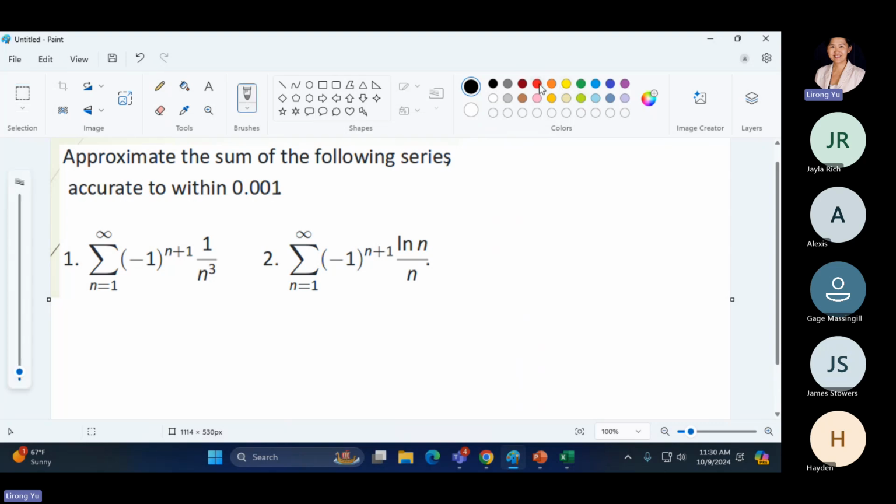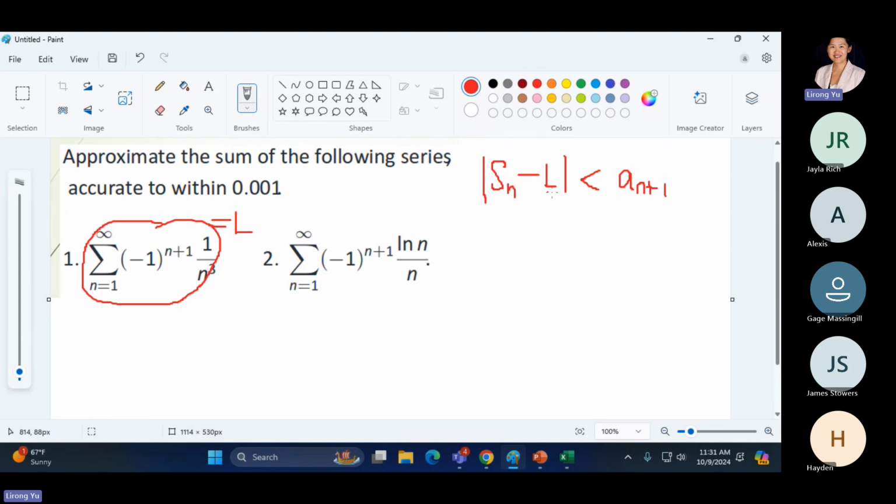So our intention is to use S of n to estimate the total summation. So suppose the total summation was L, right? According to the alternating series approximation theorem, the result is that S n minus L is less than a sub n plus 1.